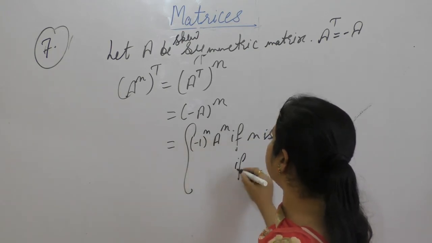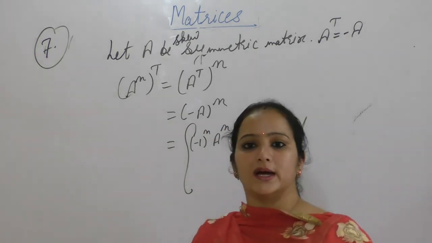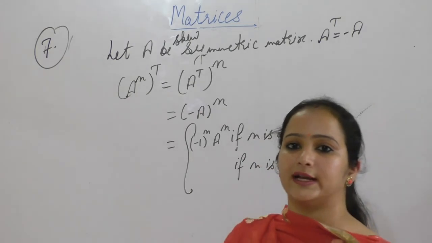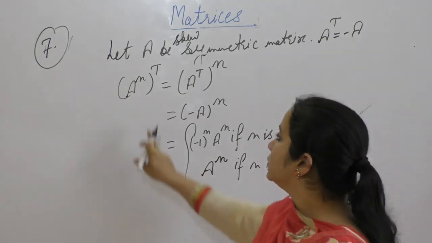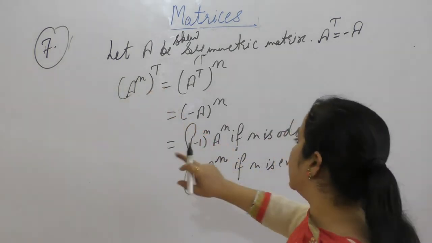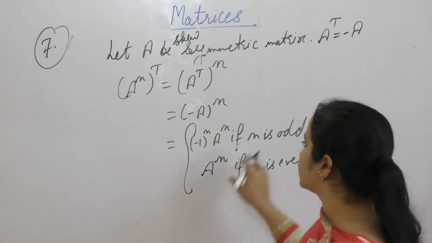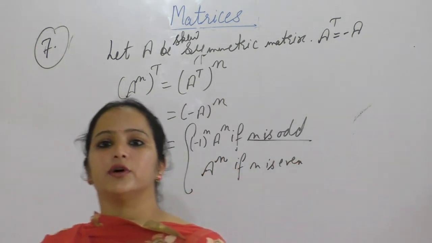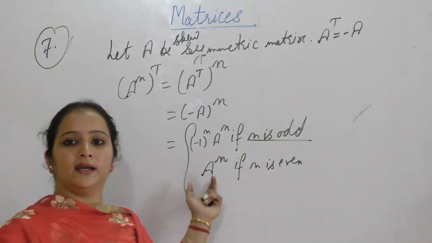If n is even, minus 1 square, minus 1 power 4, 6, and so on. Any even power of negative 1 is positive, so it becomes A^n. So A^n is skew symmetric if A is skew symmetric and n is odd, and if n is even, for even integral powers, this matrix will be symmetric.